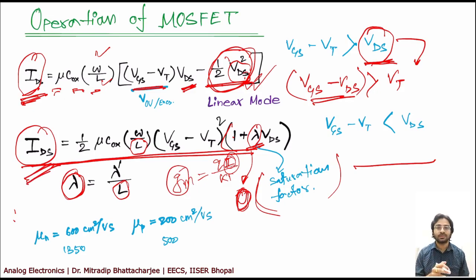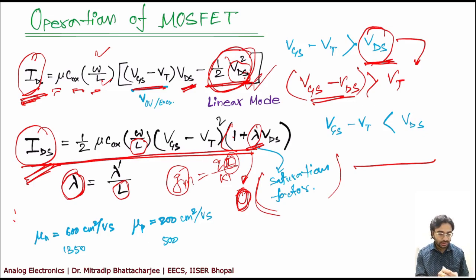If GM is less, your bandwidth is less, your gain is less, so you are losing everything. So it is not that you can keep increasing L just to keep R0 very high. You are also losing something. So that is again like the previous problem. You have to take care of this.